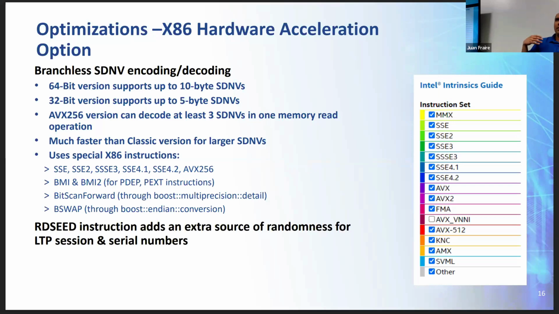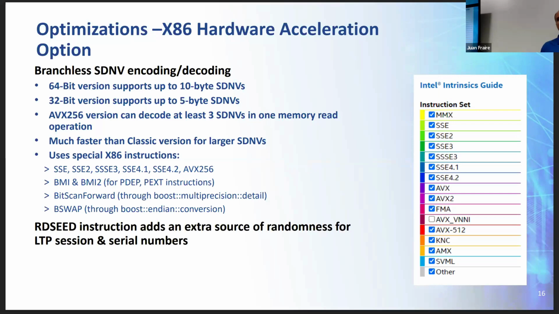And then what our build system will do, we use CMake to build it. By default, when you're going to compile LTP, it will test your processor and see, hey, do you have these flags that can support these fancy SIMD instructions? And if you do, then it'll also test your compiler and see that it can compile them as well.